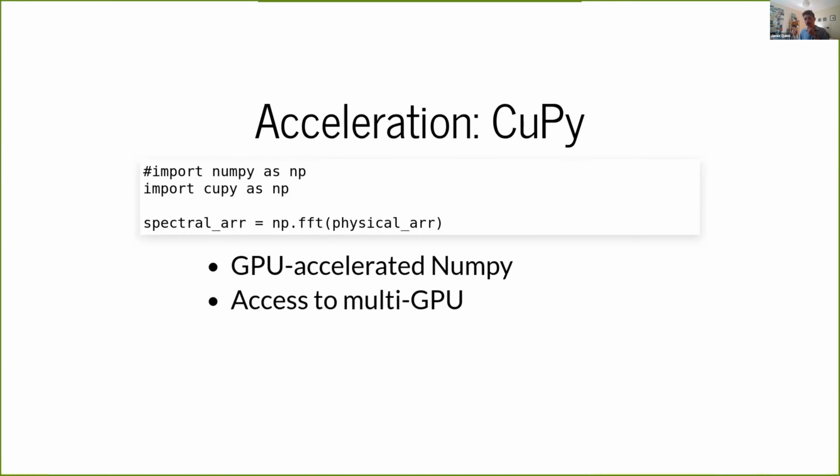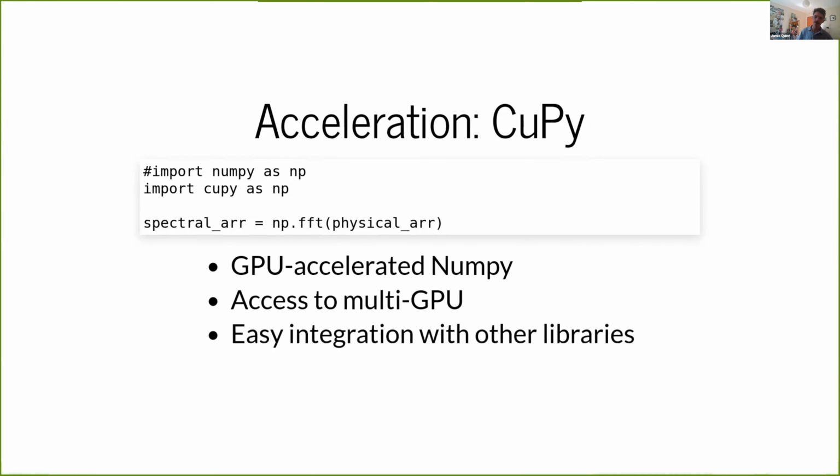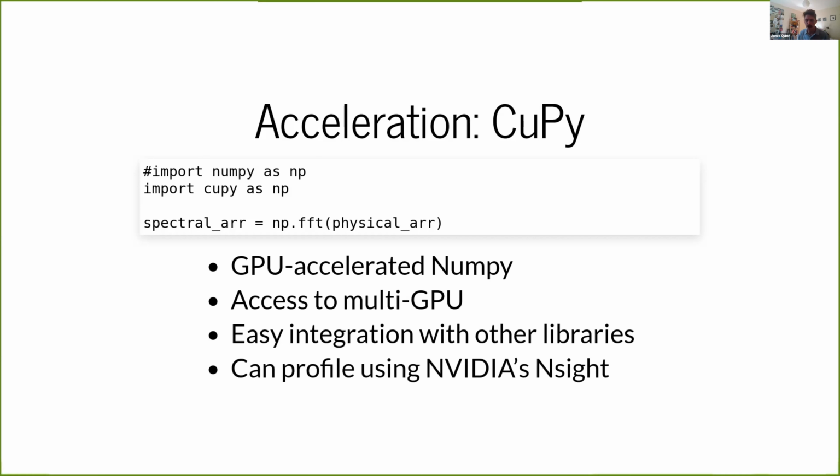So you also have access to multi-GPU stuff through CuPy in some cases. Sometimes it's a little bit tricky. It provides really easy integration with other libraries. I'll go into other alternatives in a second. And very nicely, you can actually still profile CuPy with NVIDIA's Insight, which are their suite of profilers and optimizers.